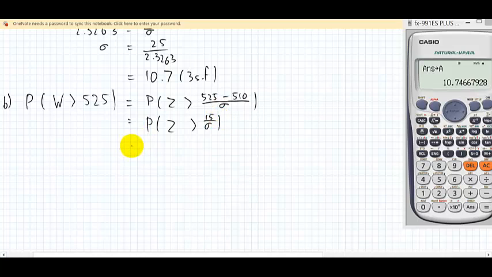and if we sketch the graph, 15 over sigma, sigma is again always a positive number, so it's the positive area to the right that we want to find. So let's use the 1 minus method to make it less than positive form.